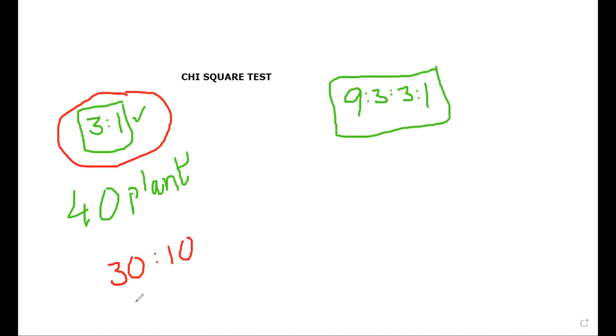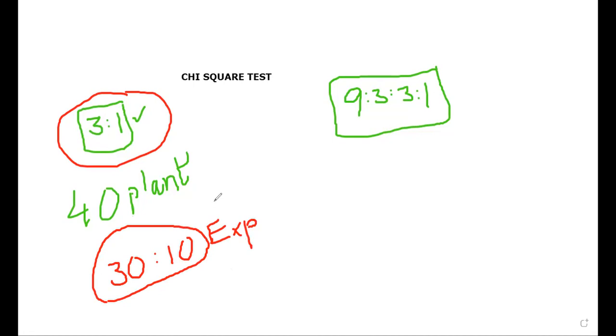So this is a 3:1 ratio. This is the expected ratio. We are expecting that out of 40, 30 will be dominant and 10 will be recessive. This is the expected number.